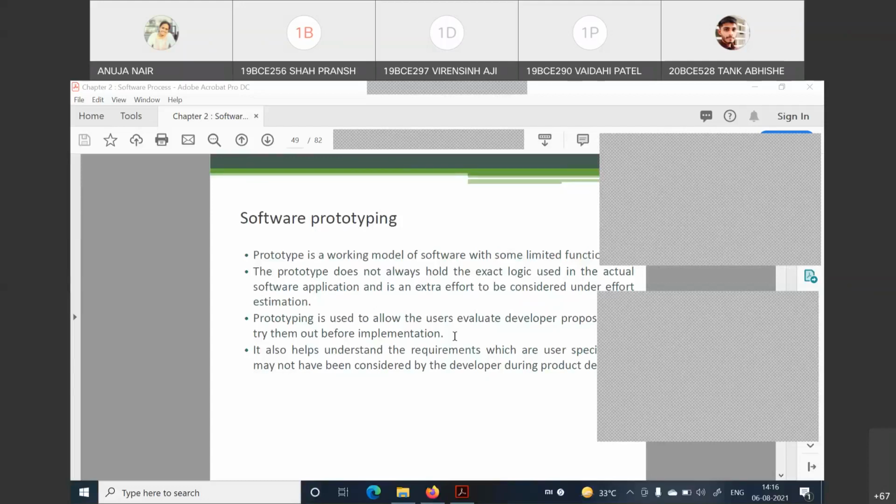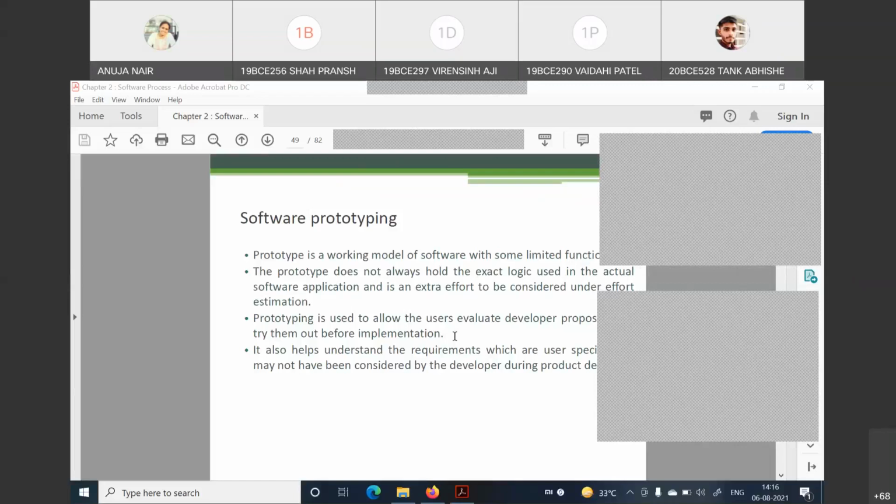Like, in order to suffice the waterfall model, we said that it is used for small projects, right? Where your requirements are very clear and fixed, because you need to go through the entire sequential process and only then will you get the end product. Because it is a sequential process model, the end product is available only at the end.